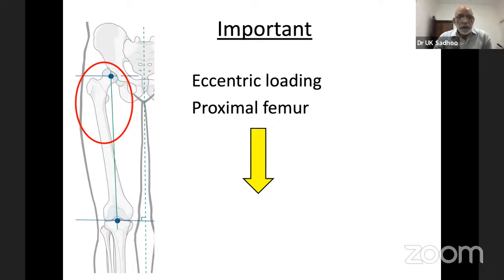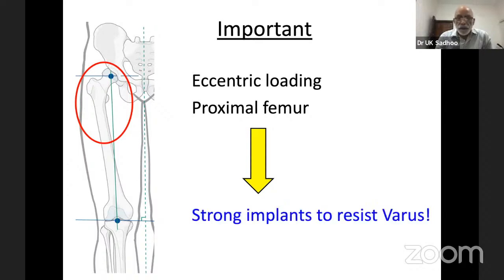And you can imagine if there is a break anywhere here, the tendency of varus is accentuated. Therefore, we need very strong implants to resist the varus forces. It is pertinent to note that you must not accept a reduction in varus, because that is doomed to failure.